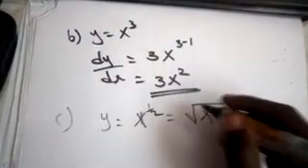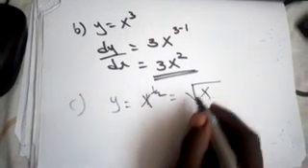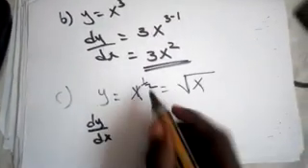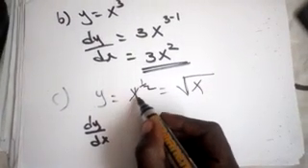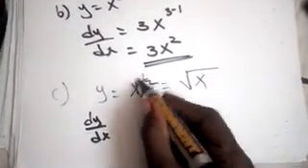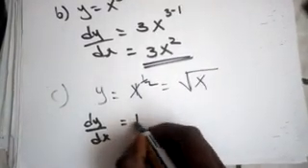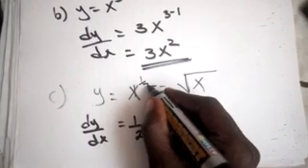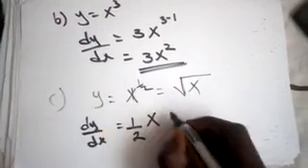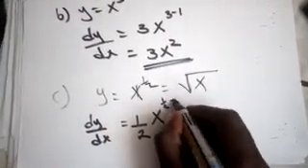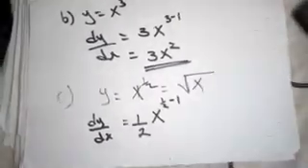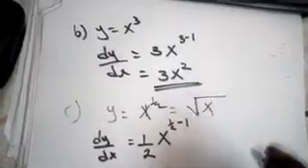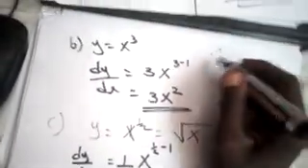Then if I differentiate this, dy/dx is going to become: I first of all multiply by the power, in this case a half. So after multiplying by the power, I write this function power half, then I reduce this power by 1. Let me write it here.